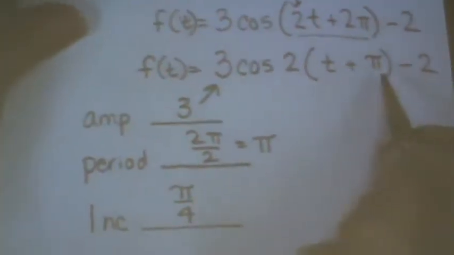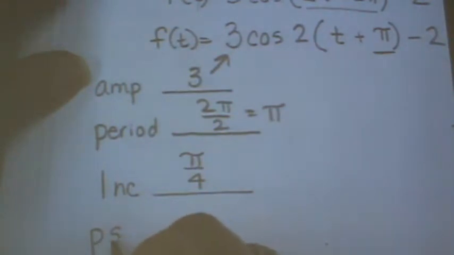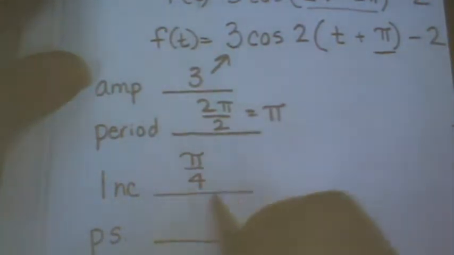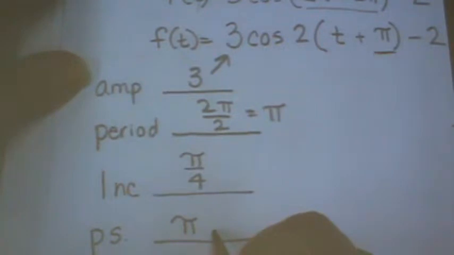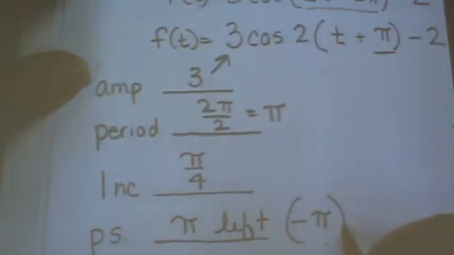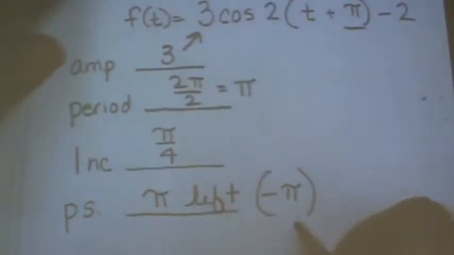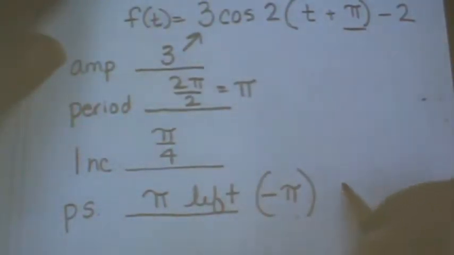Now, here's your phase shift. This is your start position. I'm just going to write PS for phase shift. You're going to start at pi to the left, or you could write negative pi if you want. You're starting here. But if I'm going to count by pi over 4, how can I rename this so when I add pi over 4 to it, it's easy?